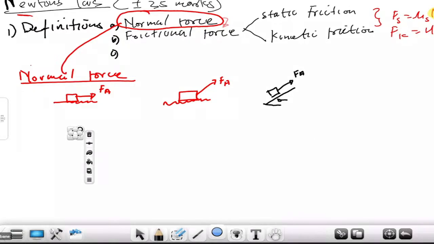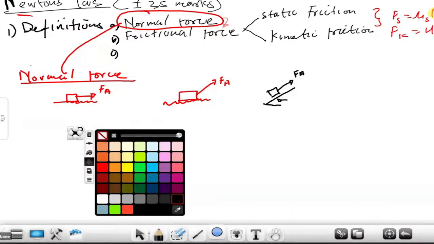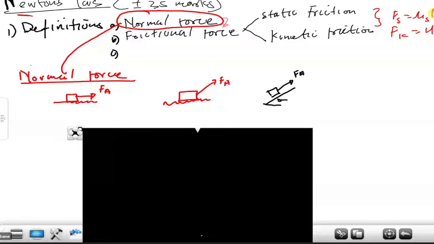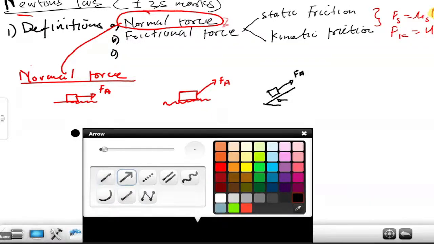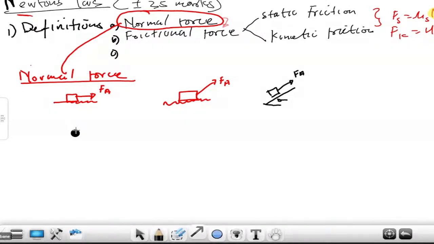Let's fill it with black and use arrows, because remember, it is only a correct free body diagram provided that you have your arrows, and remember they must touch the dot.